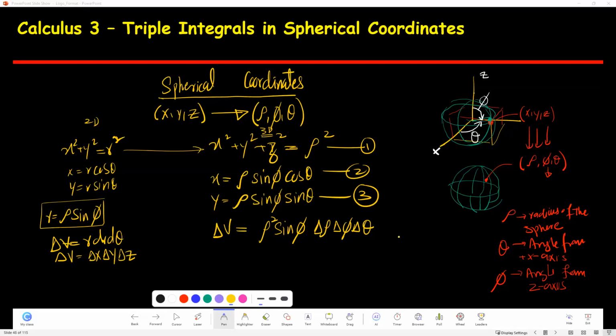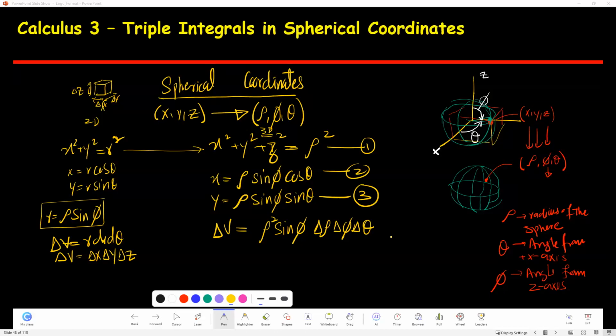The differential element used to be delta x, delta y, delta z.